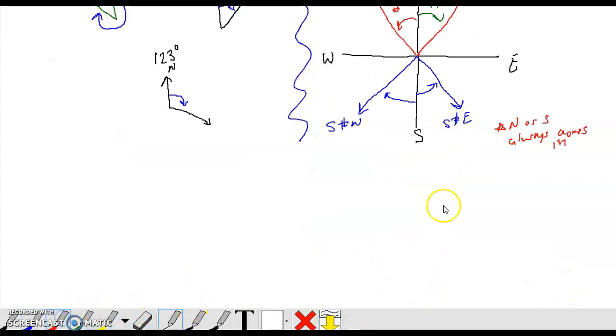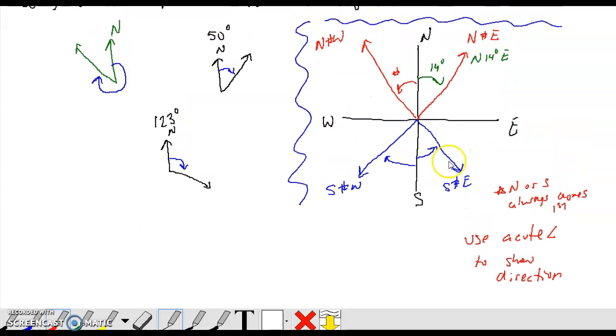It's also important that we use an acute angle to show our direction, especially with this type of diagram.